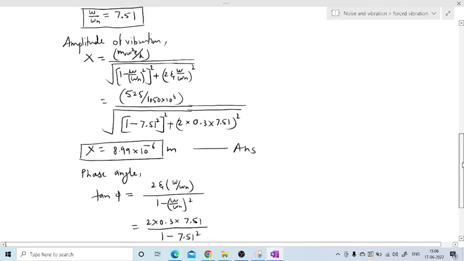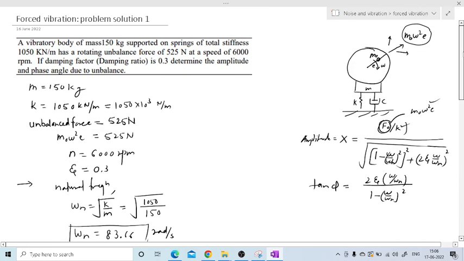Okay, so let me quickly revise this. In the problem they have given a rotating unbalance, and a rotating unbalance means it is forced vibration. In forced vibration, we know the amplitude and the phase angle. The formula for amplitude is F0 by K, but instead of F0 they have given the rotating unbalance, meaning the unbalanced centrifugal force, as shown in the figure.